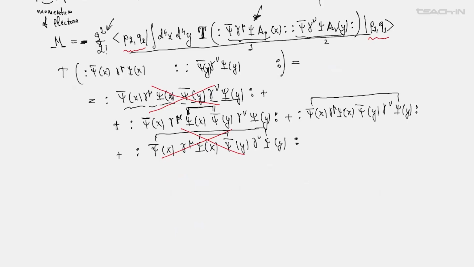So if you continue, the first term produces for you psi bar x gamma mu, fermion propagator S x minus y, gamma nu psi on y, normal ordered product, plus the second term gives you psi bar on y, gamma nu S on y minus x, gamma mu.